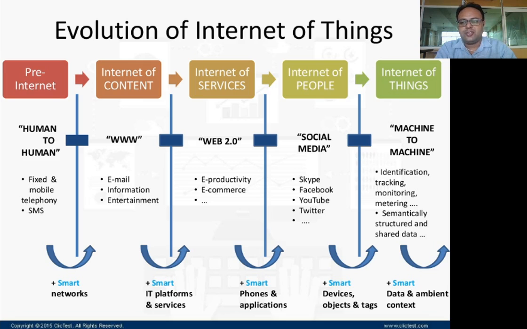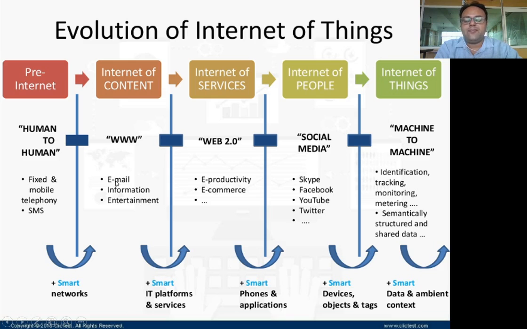If we look at history, in the pre-internet era, there was communication from human to human. At that time mobile technology was there, SMS technologies were there, and then came the smart networks with the concept of WWW, and that is the Internet of Content.